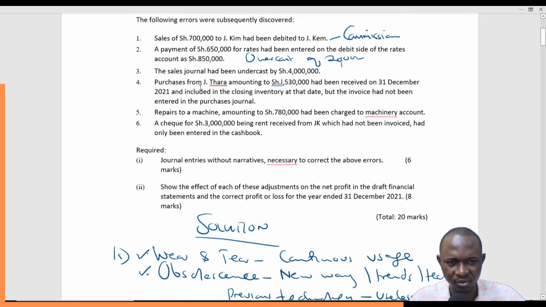part of that transaction. Then the sales journal had been undercast by 4 million, which means we have posted a transaction less 4 million. So we simply correct this error, and because sales is a credit entry, we credit the 4 million.